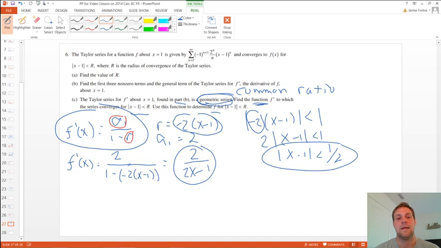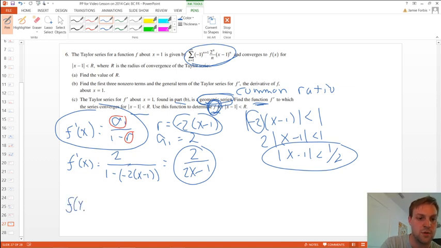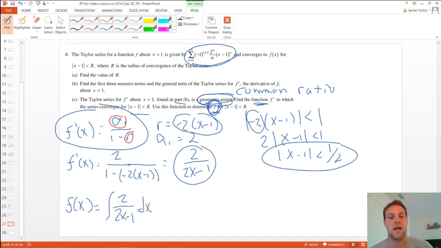Okay. And now we're going to use the f prime to find what f is, the function we started with, on the same interval. So if I got f prime, if I want to know what f is equal to, it's simply going to be the integral of f prime, or the integral of 2 over 2x minus 1 dx, which I can integrate all day long.